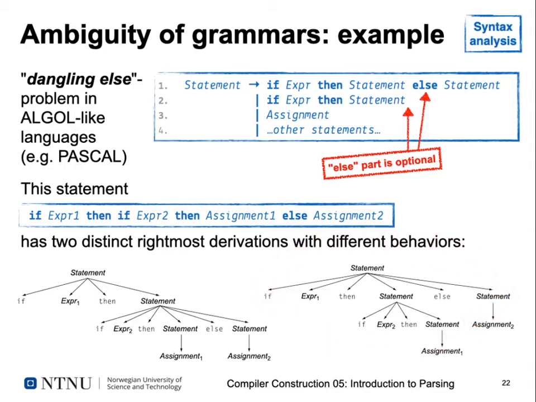Or if you use rule 2 first, then you had if-then, and then you'd match the rest, the inner if, with its else using rule 1, which might end up in this derivation here. So this is a real problem, and this problem has concerned compiler writers for quite some time. You need to be careful when writing grammars, because this is absolutely well specified, but it creates grammars which aren't easy to actually work with.